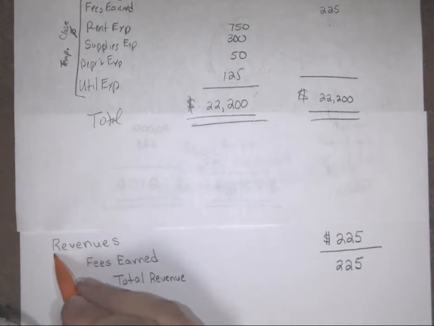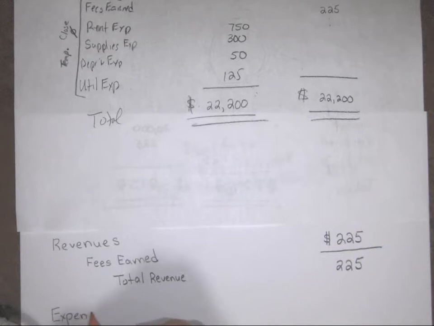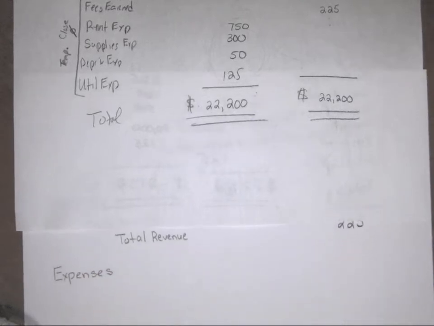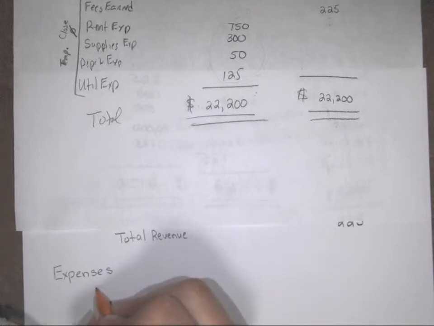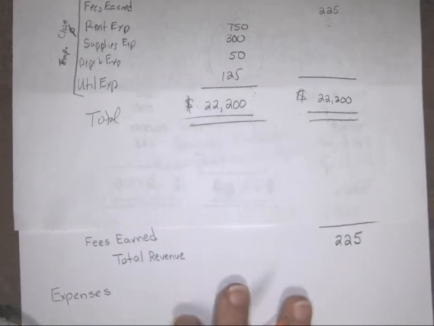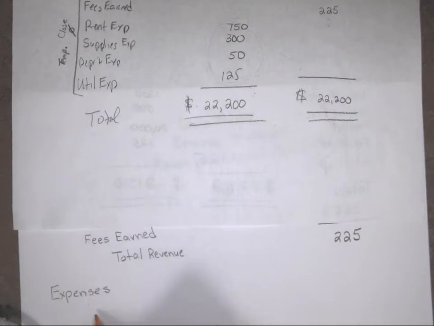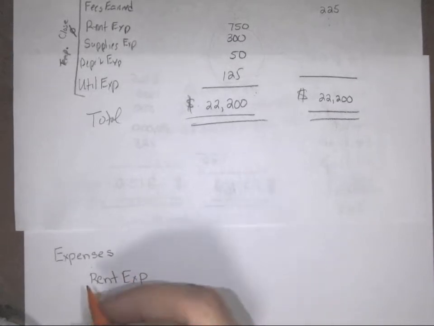The other thing that you see if I come right under this revenue is I'm going to be listing my expenses. So when I go through this and I list out these expenses, notice some of the expenses that I have. And the other thing is right underneath this, I'm just going to come right down and keep everything nice, neat, and orderly. So I would have my rent expense.